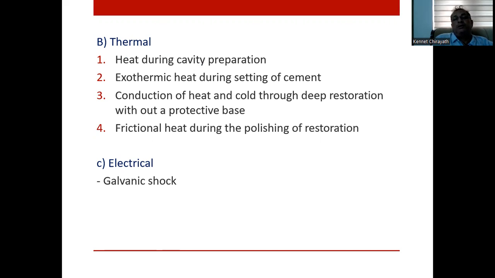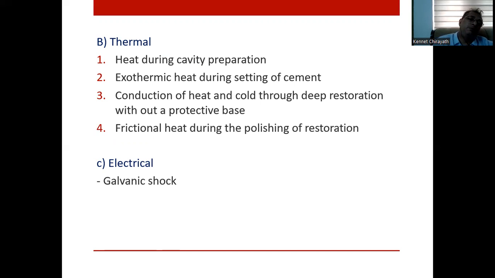Normally the air rotor RPM is 1.5 lakh, and this rotation produces heat. To cool it down, there is an air water spray on the air rotor. During cavity preparation, you should be very careful that the air water spray works properly, otherwise it can produce heat and cause injury to the pulp.